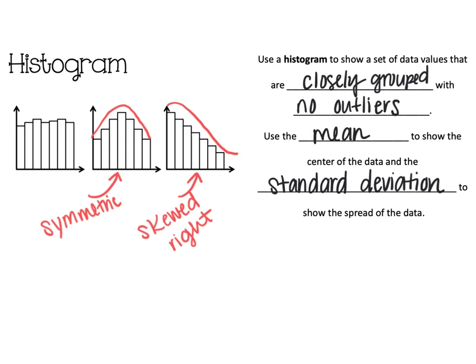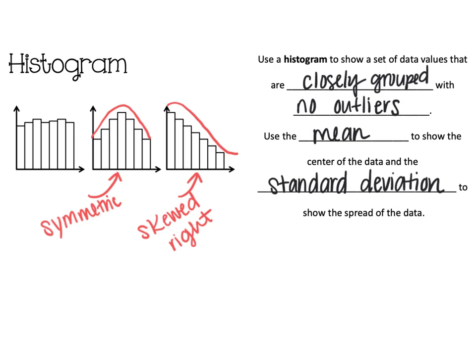And standard deviation just tells us how far the data points are from the mean. And what this does is it tells us whether or not the mean is a good representation of the data. So if the standard deviation is high, that means that the points are very far away from the mean, which means that the mean might not be the best measure of the data.